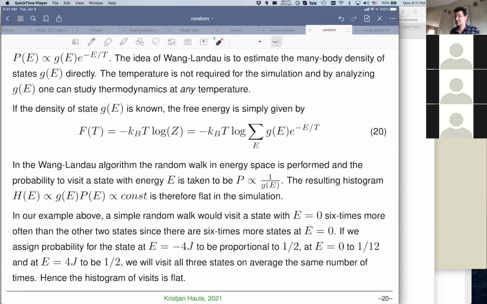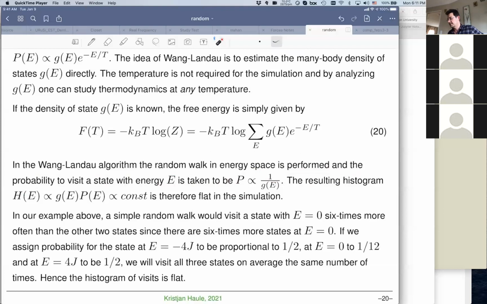How can we figure that out? How can we say that we've seen most of the important states or most of the important energies? Well, we will judge this when our histogram is flat. So what is a histogram? Well, a histogram is how many times we visited the state with a particular energy.